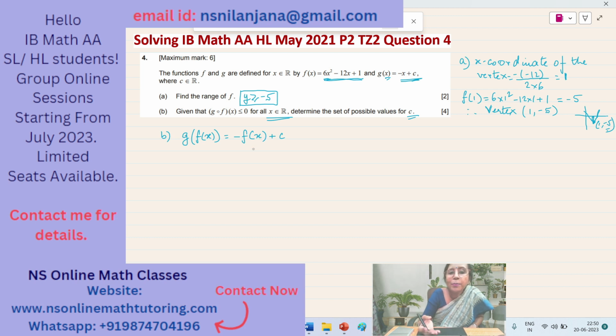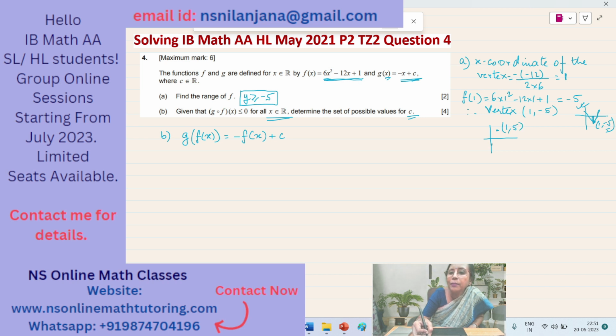So what is the corresponding transformation that is taking place? It is the reflection in the x-axis, right? So previously this was the graph. Now after the reflection, it will be of this type. This will be 1 and positive 5.